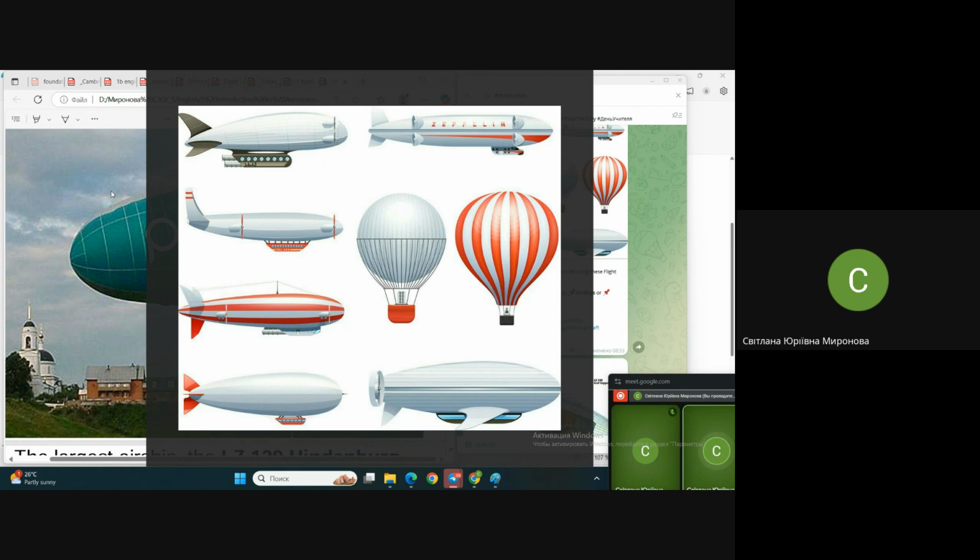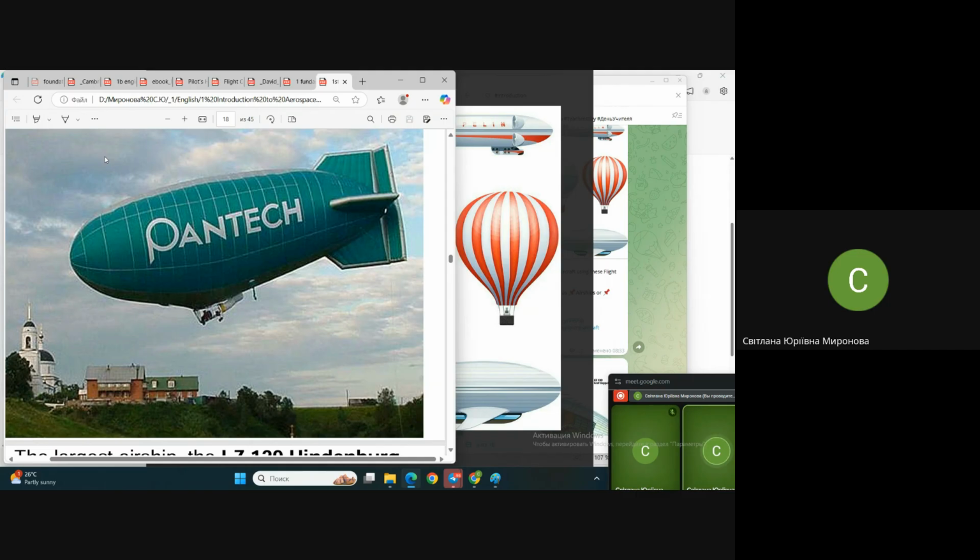Of course, they are very slow, but when they appeared, they were a solution, and seemingly the best solution for that time, for the beginning of the 20th century, for long distance travels, especially over the ocean, between continents. And they were in wide use for 20, 30 years at the beginning of the aviation age.